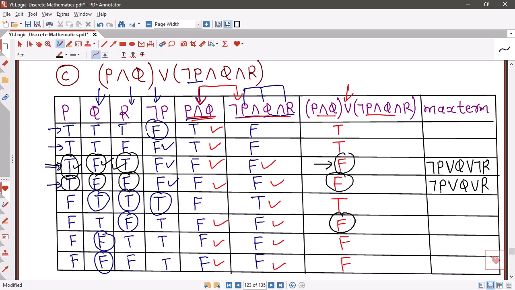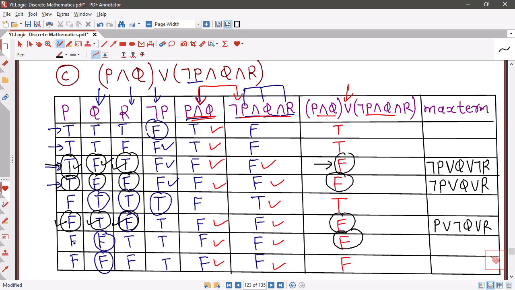Then this is the next false value, and here we can observe that P and R as it is and negation of Q. P or negation Q or R, that I have to write here. So again we check, P is false, so it is as it is, Q is true, therefore we have written negation of Q, and R is false, therefore R as it is.